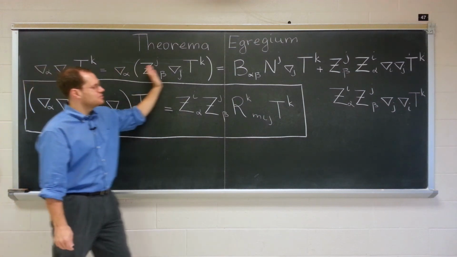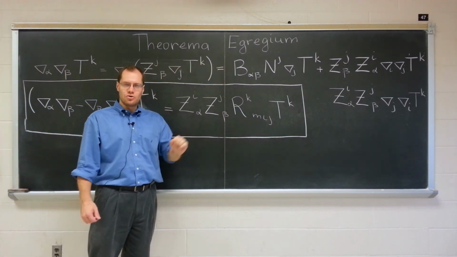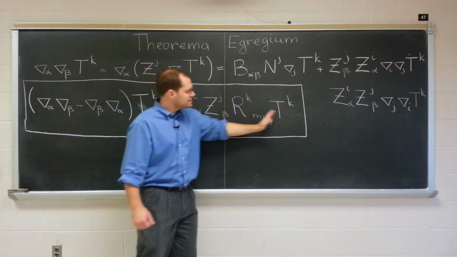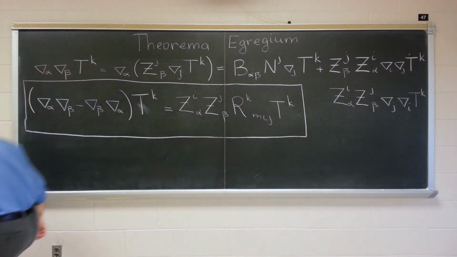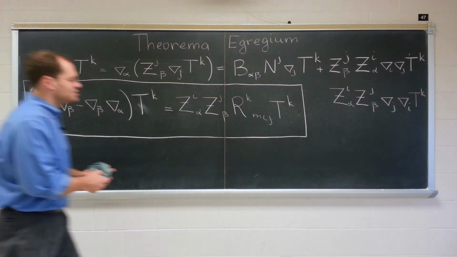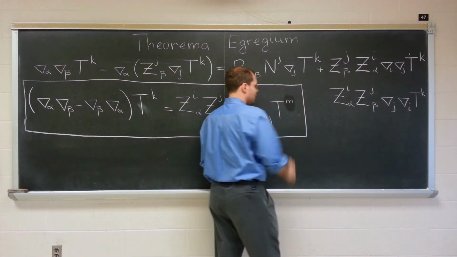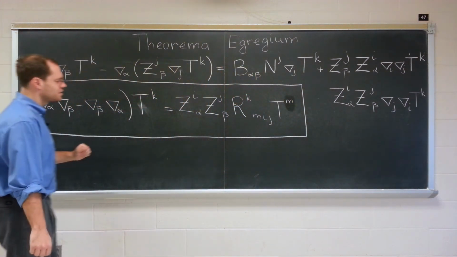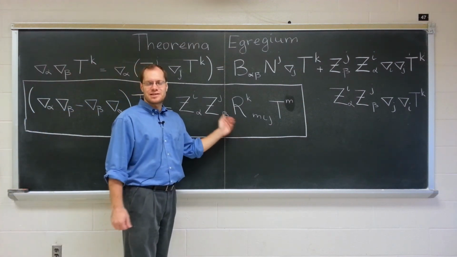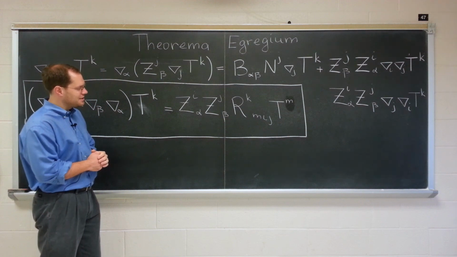And while our derivation was not valid for objects defined only on the surface, the final answer is perfectly valid for objects defined only on the surface, like the normal or the shift tensor. And it's actually the correct answer, even though the derivation was technically not quite valid.